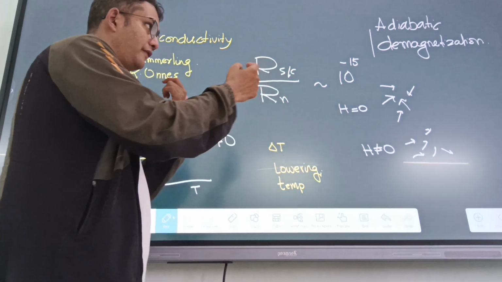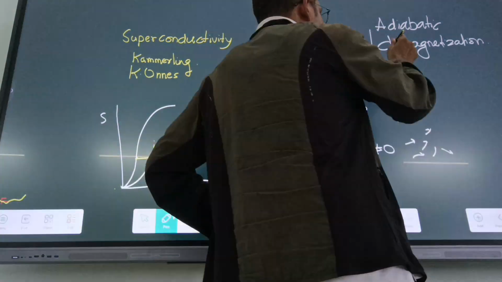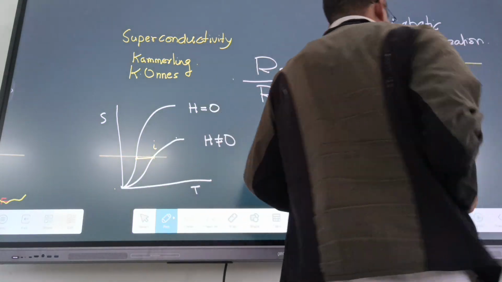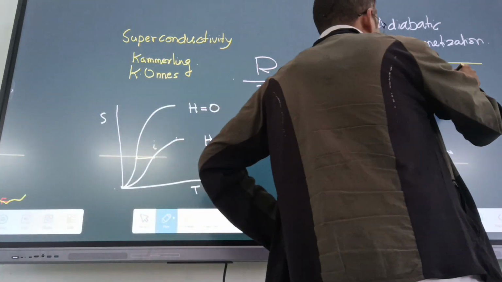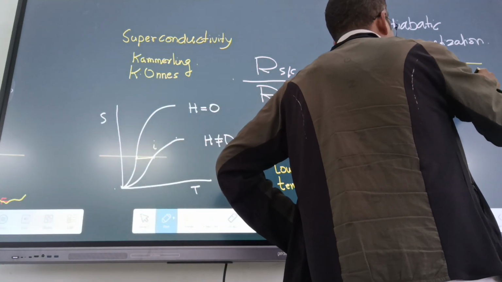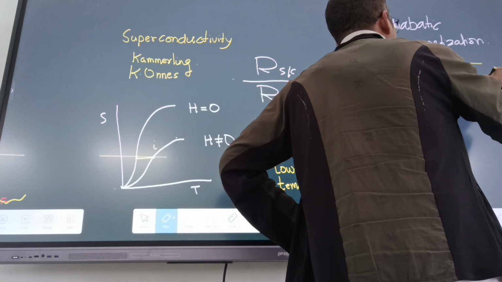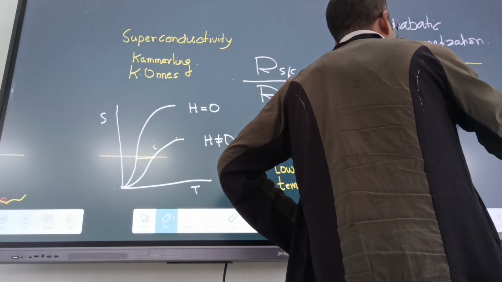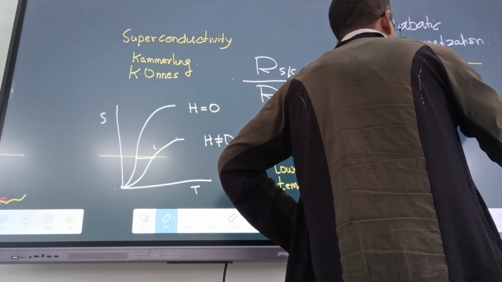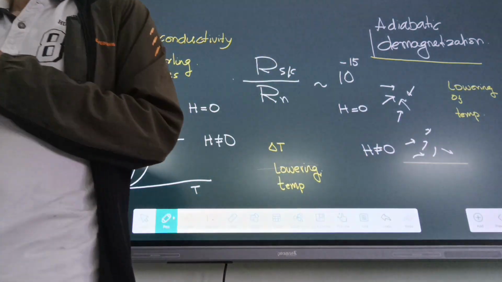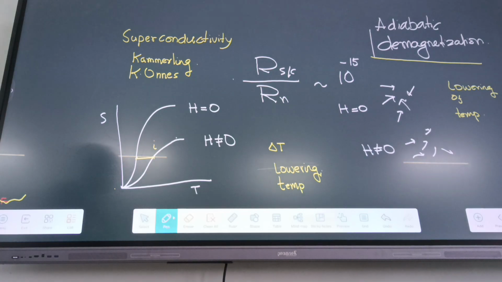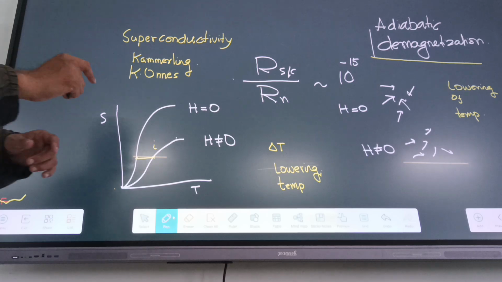So the process of demagnetization is causing a lowering of temperature. Okay, the process of demagnetization causing lowering of temperature. Is it slightly clear up to here?